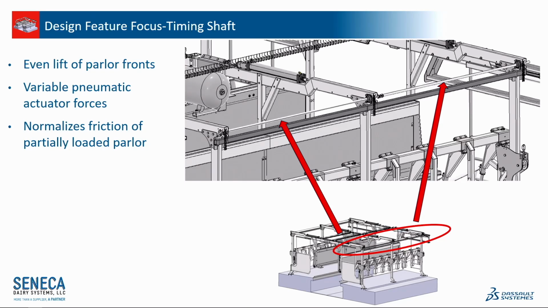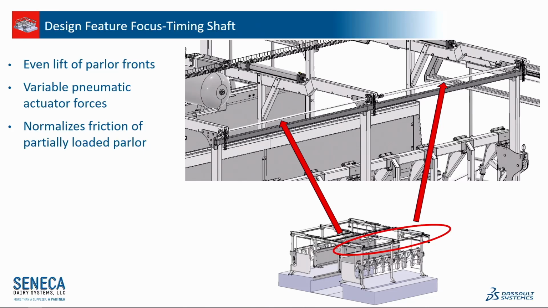A lot of times there can be variations in the air pressure. So to even all of that out and get all of the fronts to lift evenly, we're using this jack shaft concept. It's just normalizing all the air pressures and any friction differences.